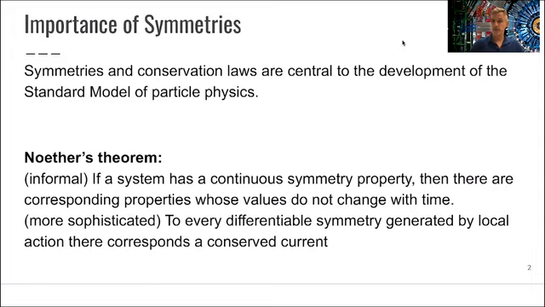You can express this more sophisticatedly and say: to every differentiable symmetry generated by local action, there's a corresponding conserved current. And we're going to look at those actions and currents as we go along.